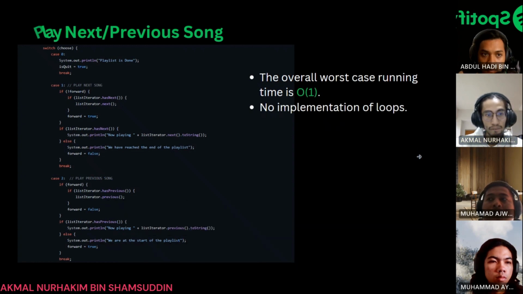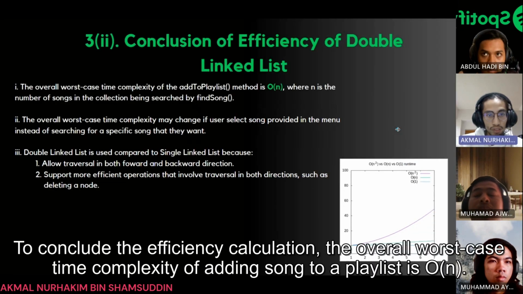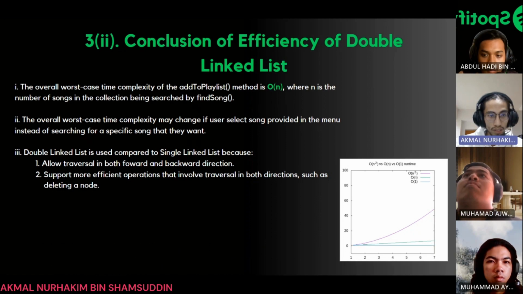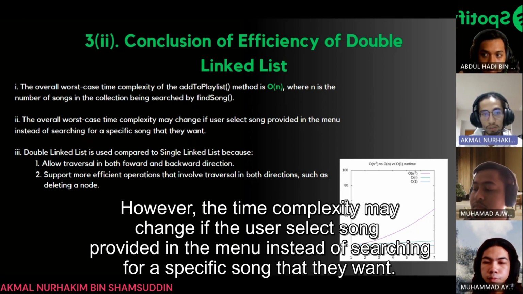So to conclude the efficiency calculation, the overall worst case time complexity of adding a song to a playlist is O(n). However, the time complexity may change if the user selects a song provided in the menu instead of searching for a specific song.